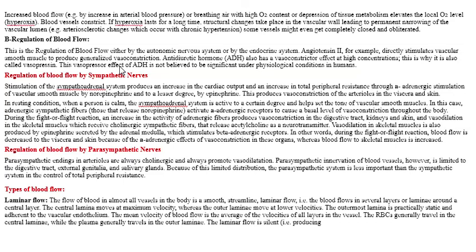Okay, I talked about regulation, and now regulation of the blood flow. This regulation of blood flow is either by the autonomic nervous system, sympathetic and parasympathetic, or by the endocrine system. Angiotensin 2 from the kidney stimulates the vascular smooth muscle to produce generalized vasoconstriction.